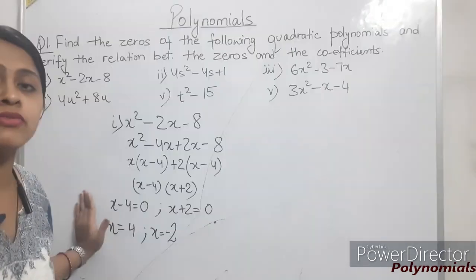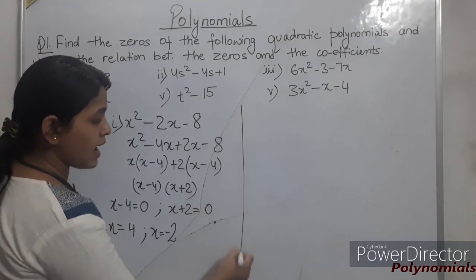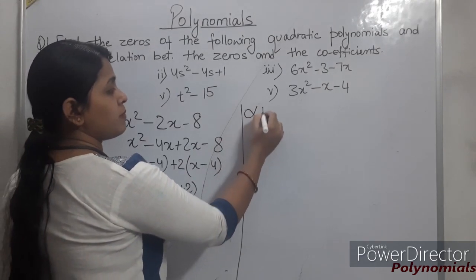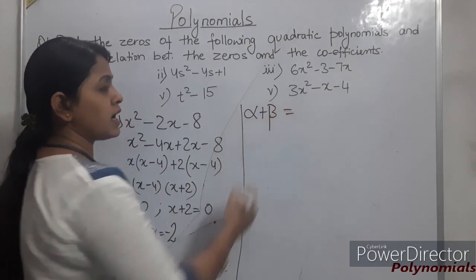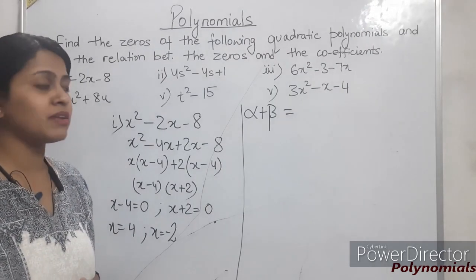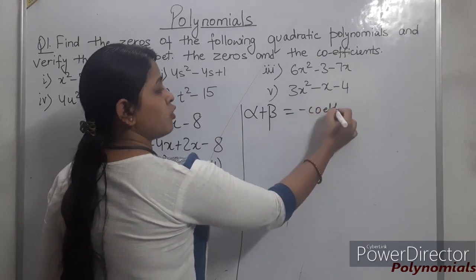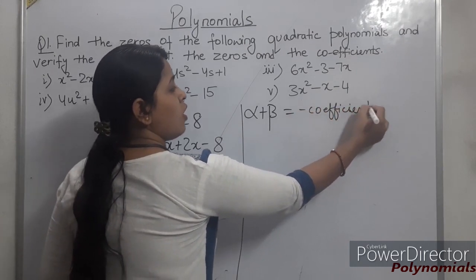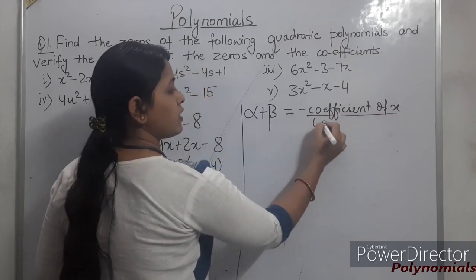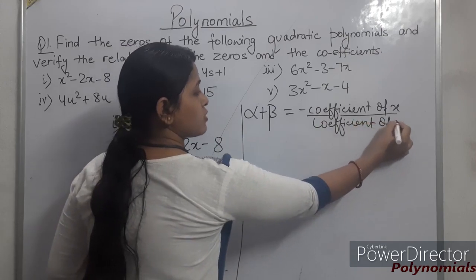Now the second part of the question is to verify the relation. First of all, alpha plus beta is equal to the sum of the zeros. As I explained in my previous video, it is minus coefficient of x divided by coefficient of x square.